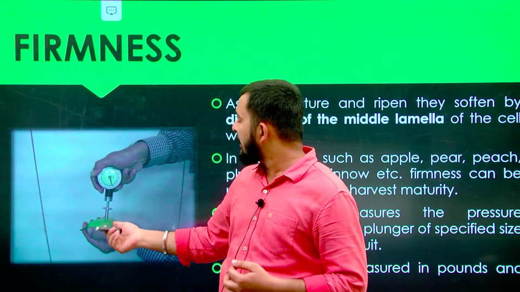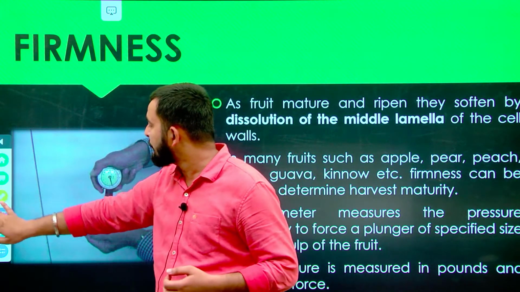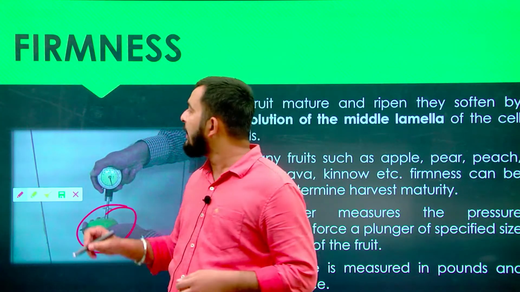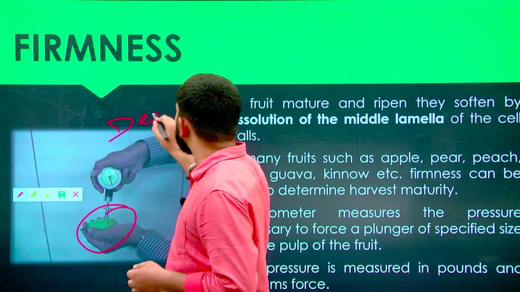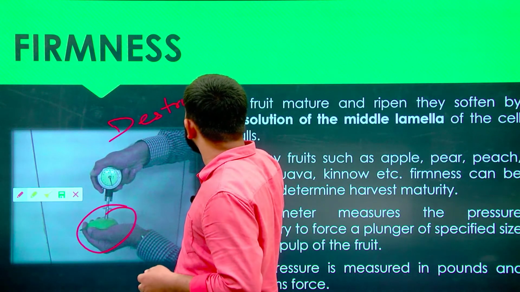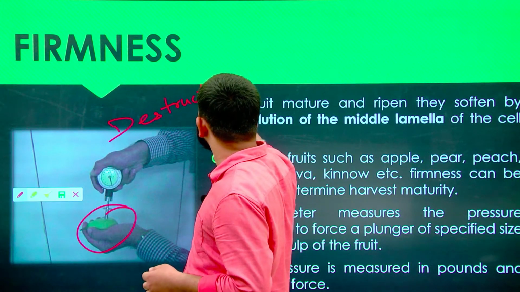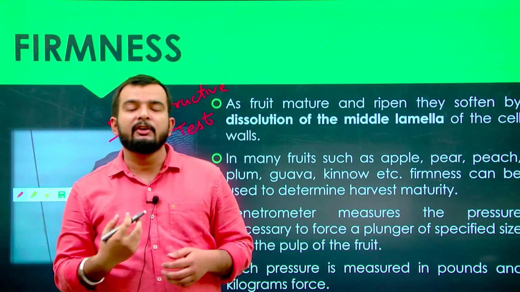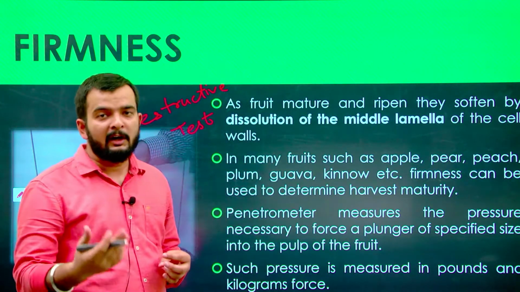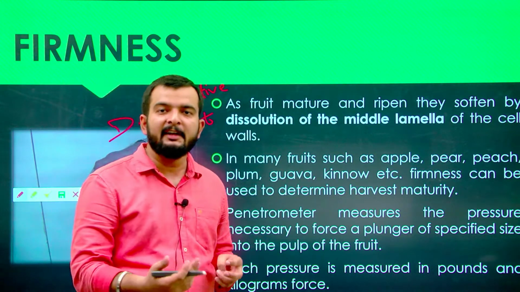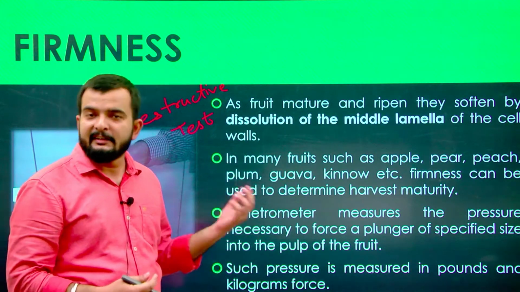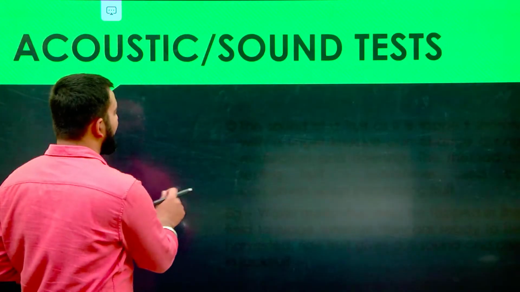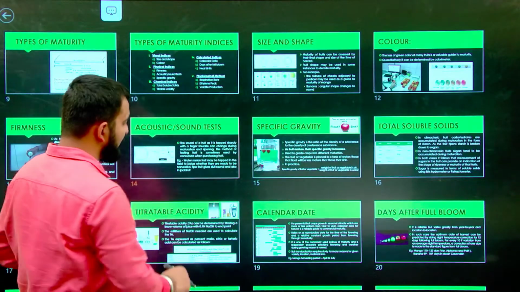This in turn destroys your fruit, or your fruit is rendered useless. So this is called a destructive test. Okay. While tests like days after full bloom or other indices that you are performing, like ethylene detection test, these are regarded as non-destructive tests. Okay.